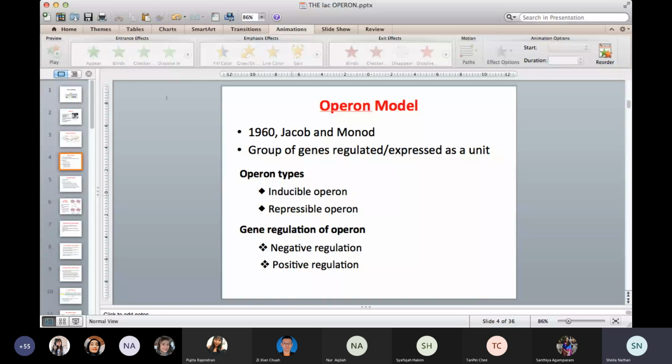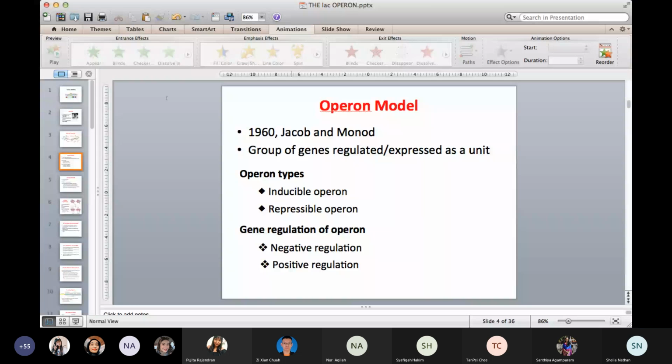The product of that reaction can either be the inducer of the operon, or it can be the repressor of the operon. And all operons can be negatively regulated, or they can be positively regulated.